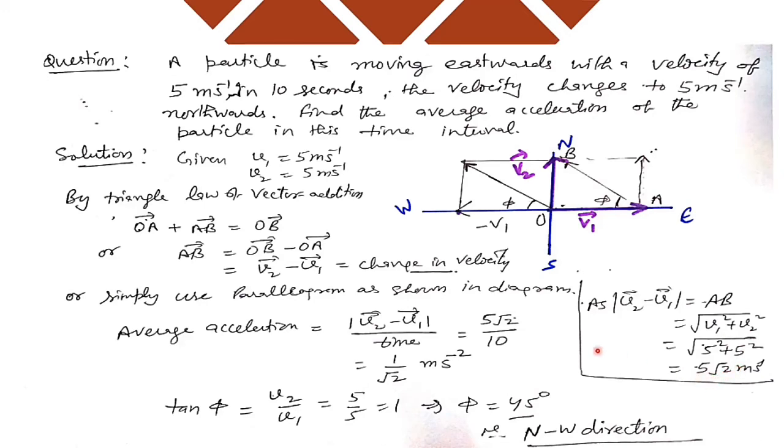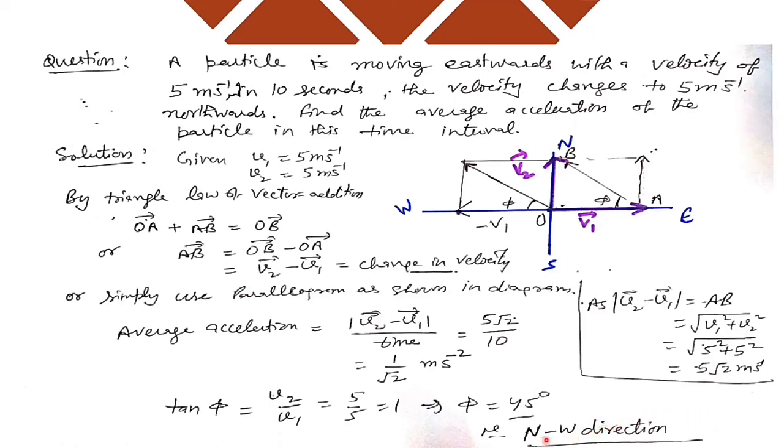And time is 10 seconds, so I have to divide it by time to get the value of the average acceleration. If you want to find the direction, you can simply use the right angle triangle, or you remember the formula, that is your choice. The magnitude of the tangent will be v2 divided by v1, by the knowledge of the parallelogram law of vectors.